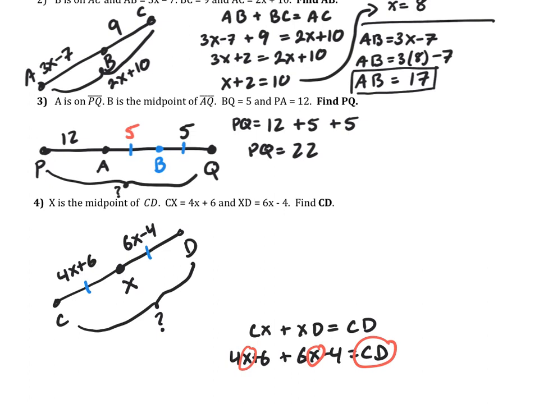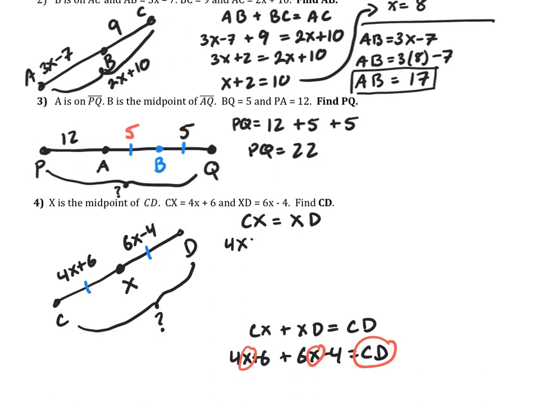And what I have to do is recognize that those congruency markers, right, it means their measurements are equal. So anytime we have two congruent segments, we can set their measurements equal to each other. So I know that CX, the measurement of CX, equals XD because of that midpoint. So let's solve that first.